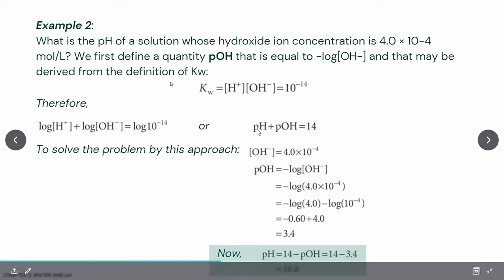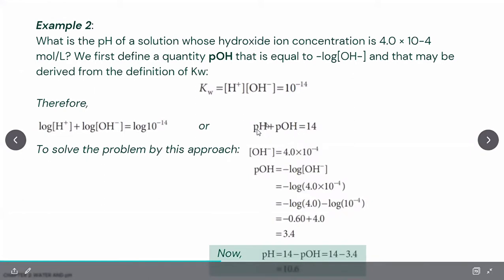Now the pOH is very easy. All you have to do is, you know that dissociation of water is hydrogen ions times hydroxyl ions equals 10 to the minus 14, the exponent being minus 14. Or you can say pH plus pOH equals 14.